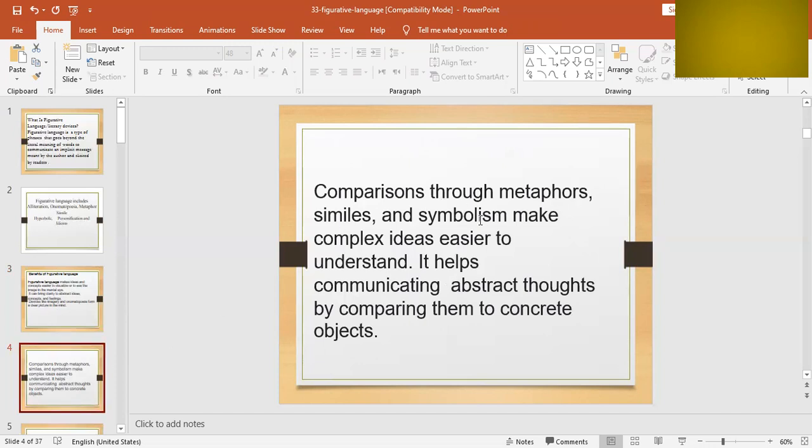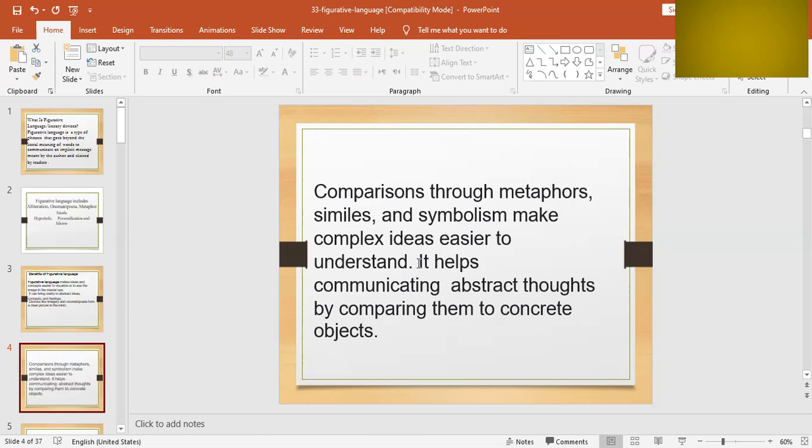Number 4, comparison through metaphor, simile, and symbolism makes complex ideas easier to understand. This is the benefit of literary devices. Particularly we are talking about simile, metaphor, and symbolism, which make something easier to understand. It helps communicate abstract thoughts by comparing them to concrete objects.